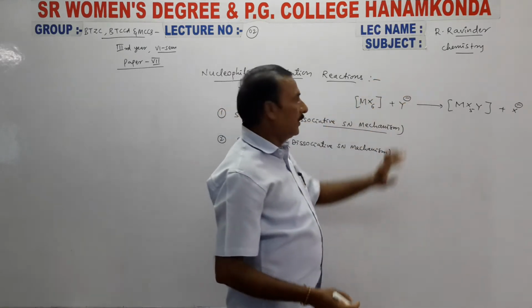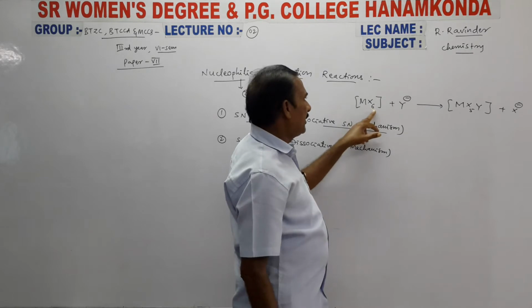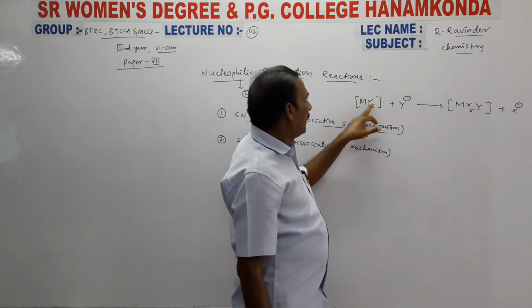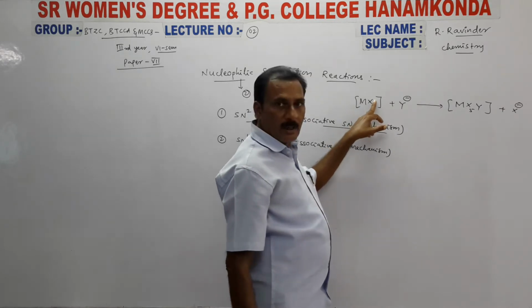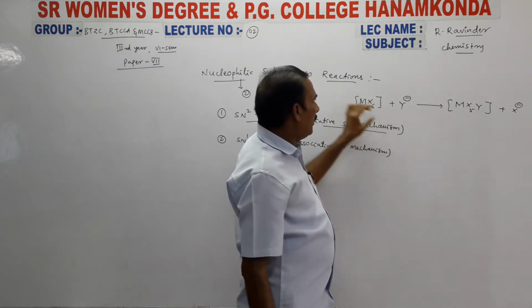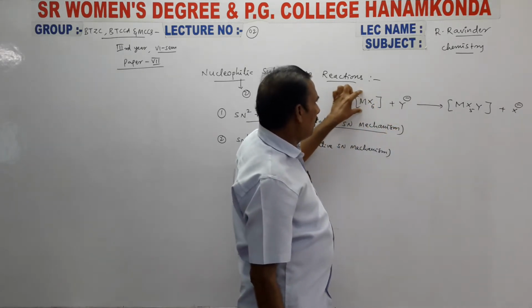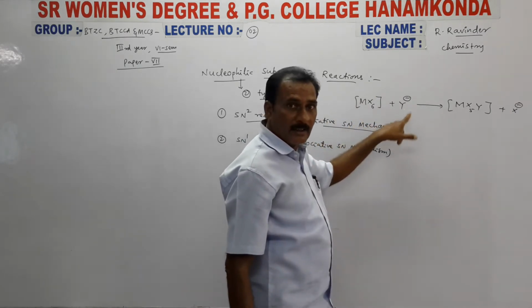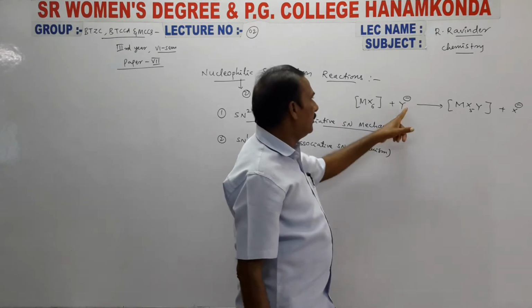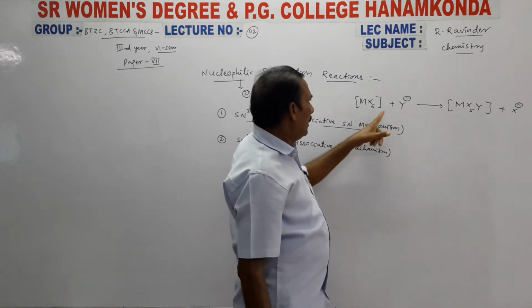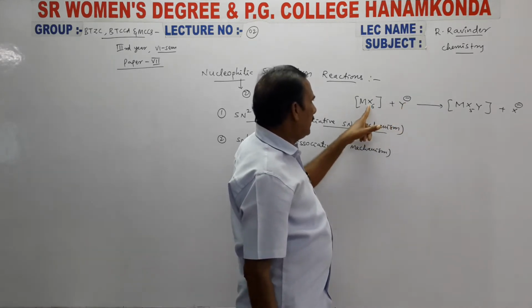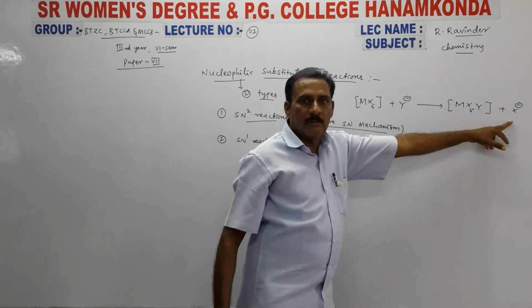MX6 is the complex or coordination compound, where X is the ligand. When Y minus is added, acting as the ligand as well as the nucleophile, instead of Y, the X is eliminated as X minus.